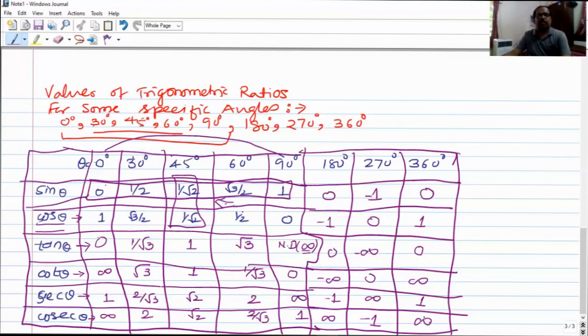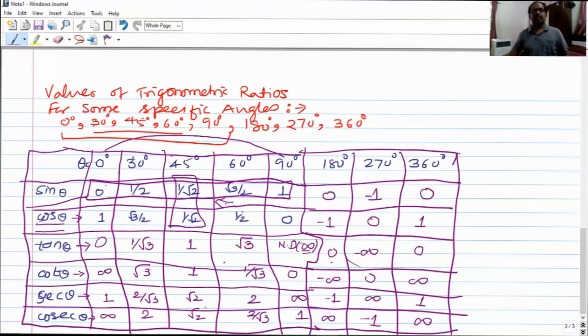So here we have the values of all trigonometric ratios for all the standard angles, that is, the acute angles 30, 45, 60, as well as all the quadrantal angles 0, 90, 180, 270 and 360 degrees. This table is very important for solving the examples.